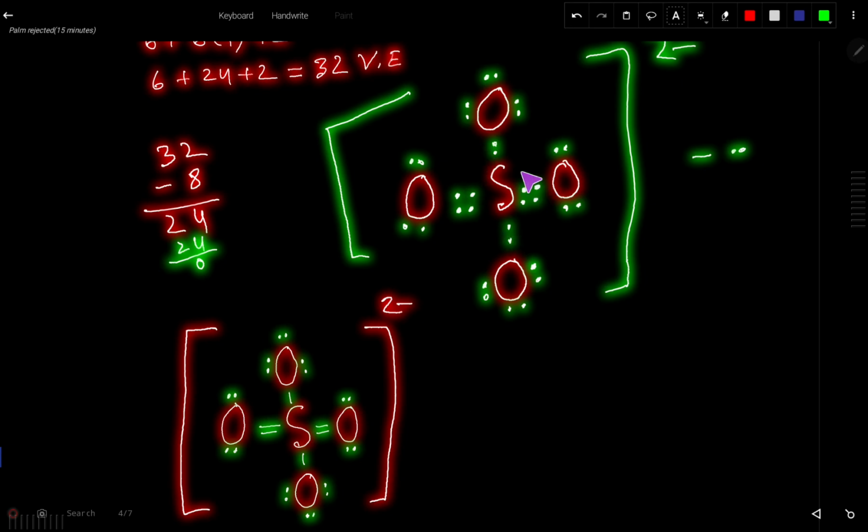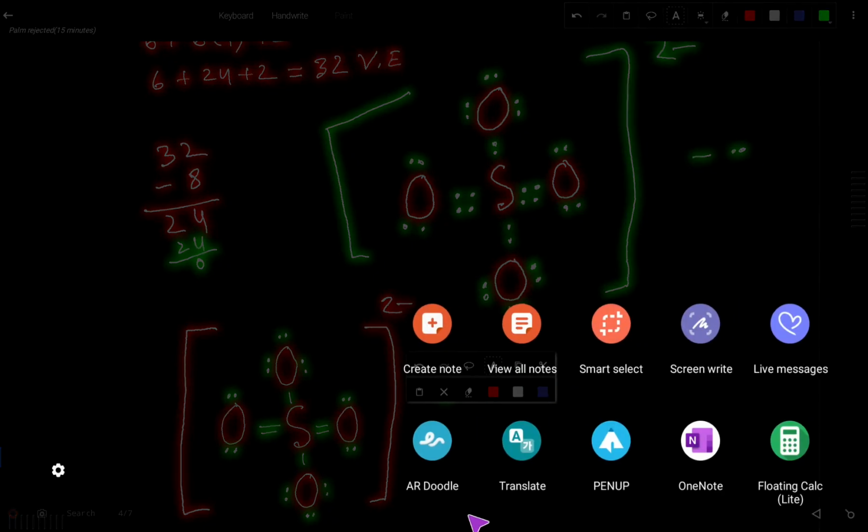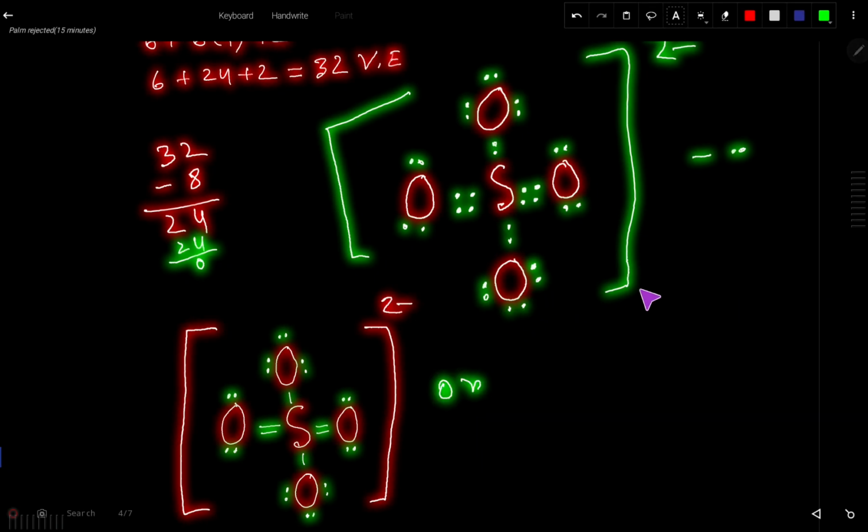Look, these are bond pairs. We can express a bond pair as a dash. Here 2 bond pairs, so 2 dashes, 2 bond pairs, 2 dashes, 1 bond pair, 1 dash, 1 dash. So look, this or this is the Lewis dot structure of the sulfate ion.